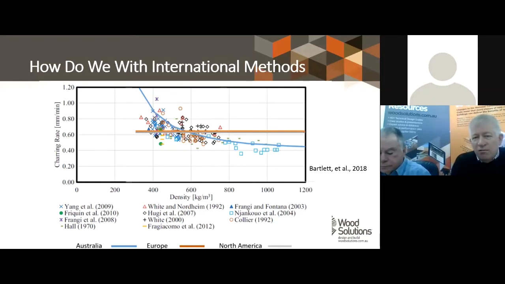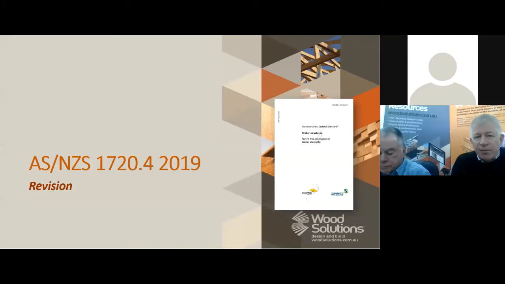The Australian tends to follow the data the best. So then, really, the conclusion was to be wary of calculation methods, particularly for density, where they don't take account of densities.